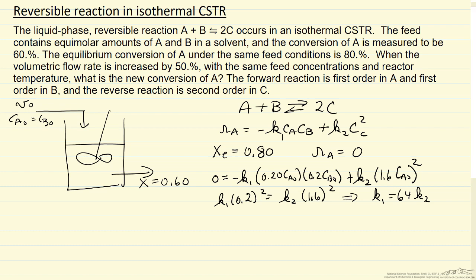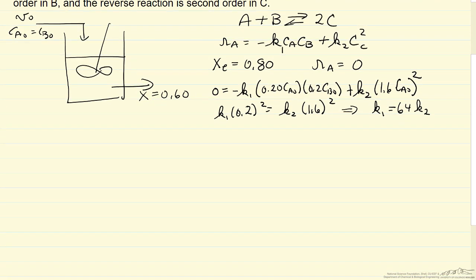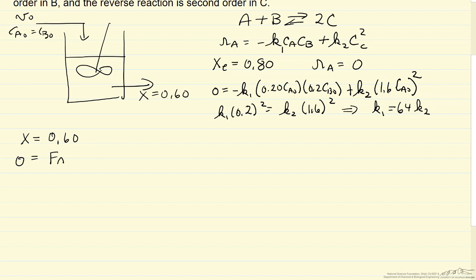So now what we want to do is write down a mass balance on A, and we're going to do this with the case where 60% conversion, that's our initial condition. So the mass balance says the molar flow rate in, so moles per time, minus molar flow rate out, plus rate of reaction, those should sum to 0 if we're at steady state.